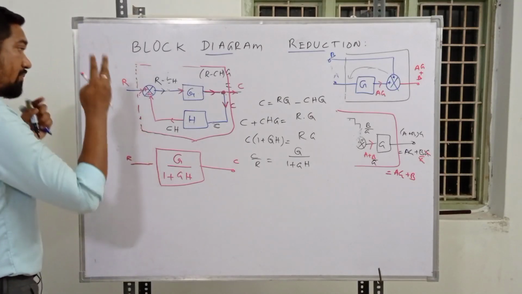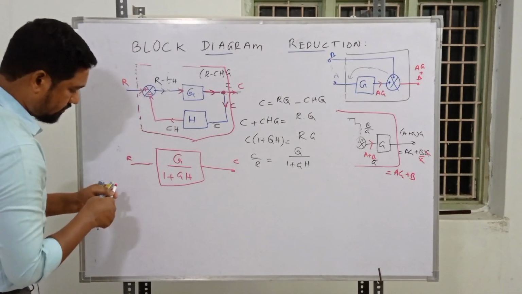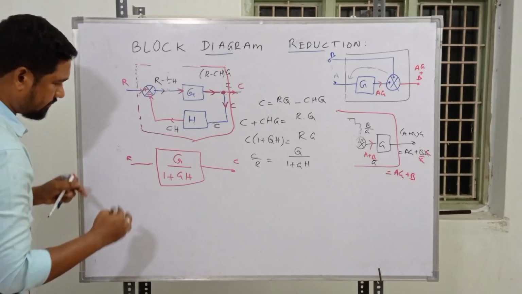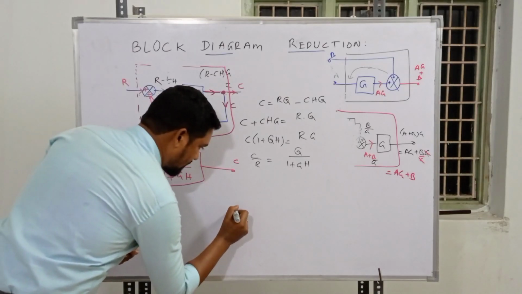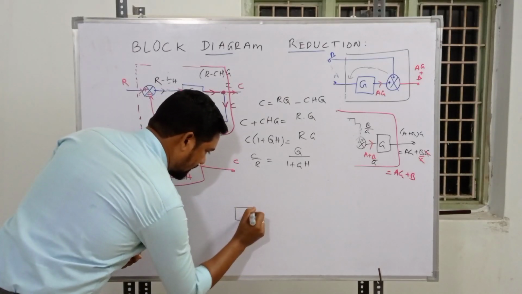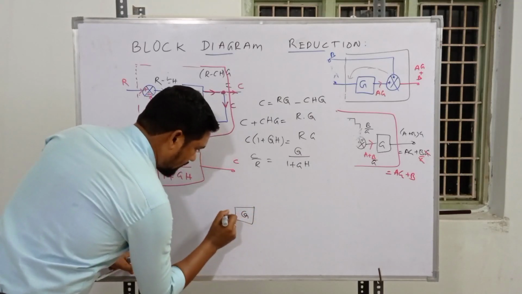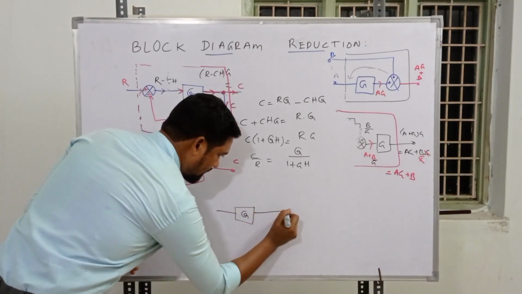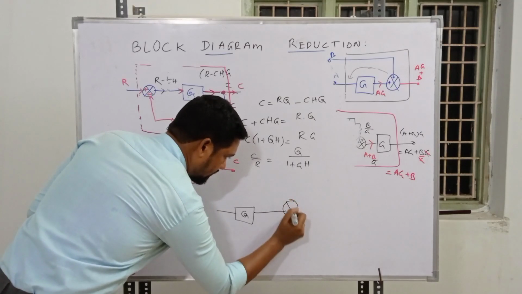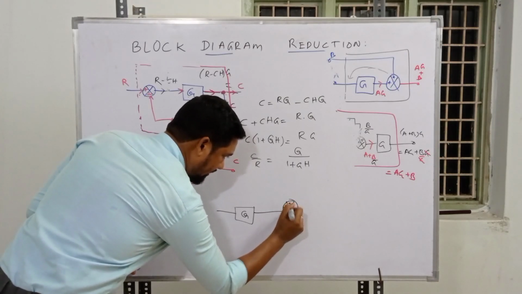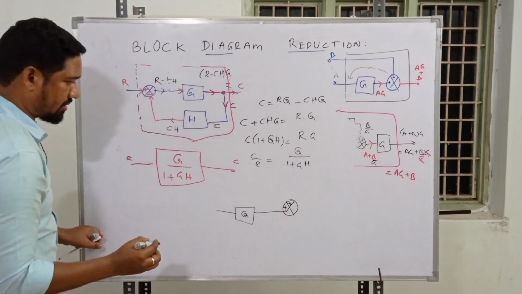Yet another very similar but confusing block diagram arrangement. It will be like this one. We will have a G block with the transmittance G and a summing point over here, and another signal coming from that side gets added.